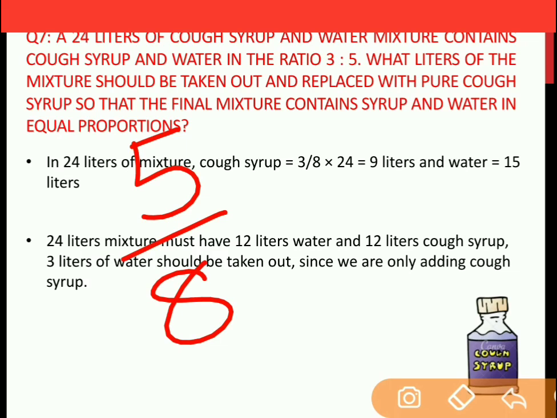This 5 part of the total 8 will be there in the y liters of mixture which is taken out, so the y liters will contain water equal to 5/8 of y, and this 5/8 of y will be equal to 3 liters.